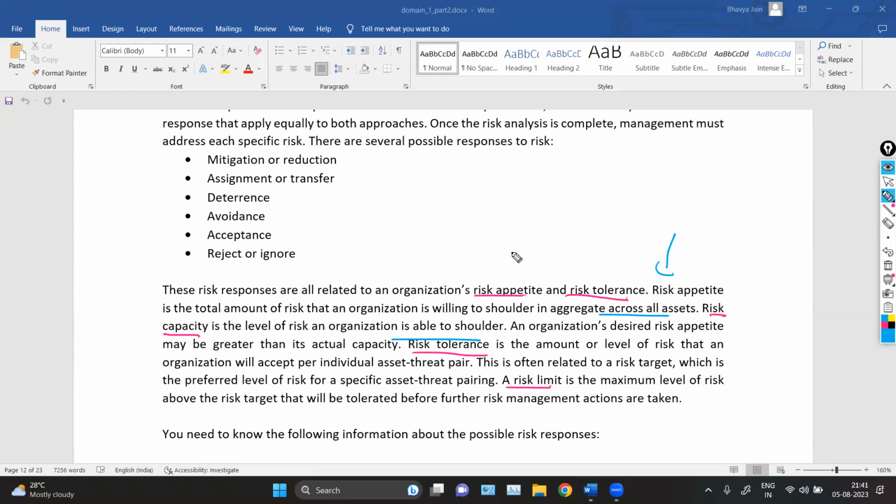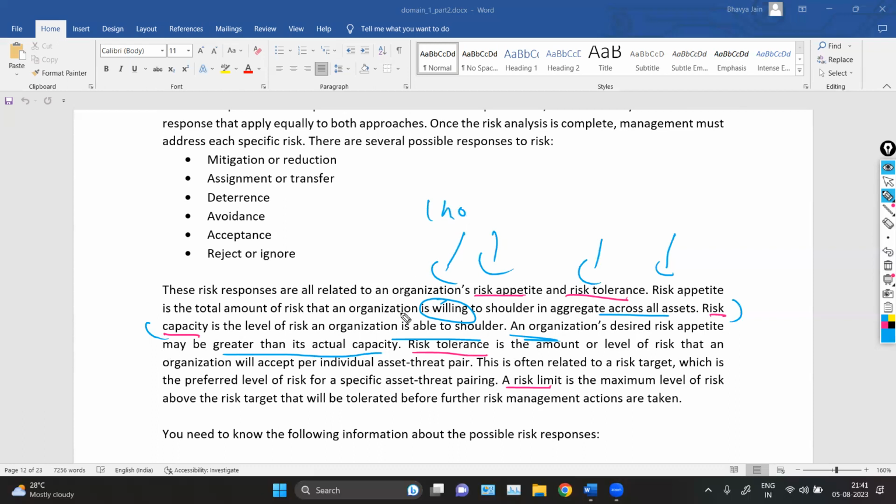So these are similar terms, but there's a difference in this word willing. It means the organization is choosing to bear up, versus what the organization can actually bear up. So there's a difference. The organization's desired risk appetite may be greater than its actual capacity.